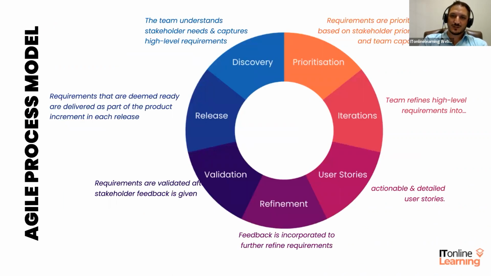Requirements discovery is where the team starts by understanding the stakeholders' needs and goals. And here they capture the high-level requirements through conversations and workshops. It's similar to what we have stated before. They would be going and talking to people, getting the high-level requirements first, creating workshops, interviews, and such.